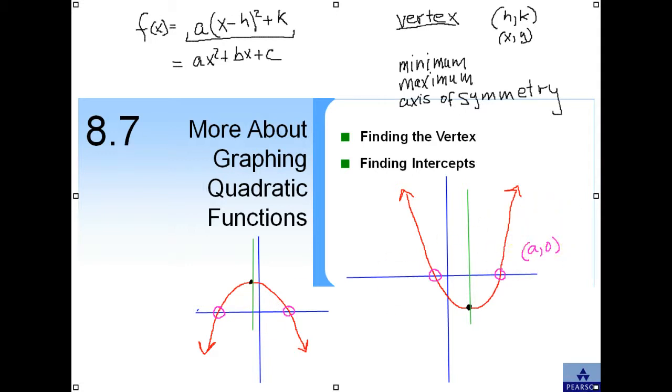Now, when we want to find the y-intercept, the y-intercept is over here and over there. That's where the parabola will cross the y-axis. And what is the value of y here?